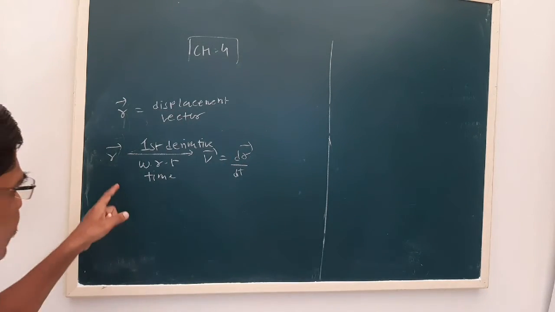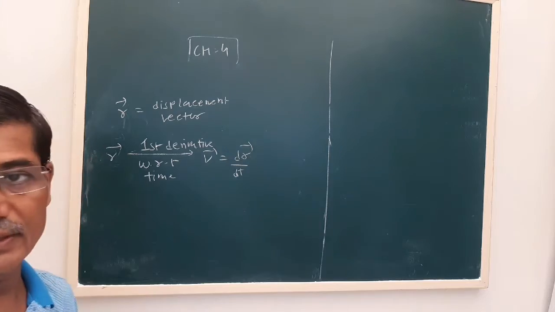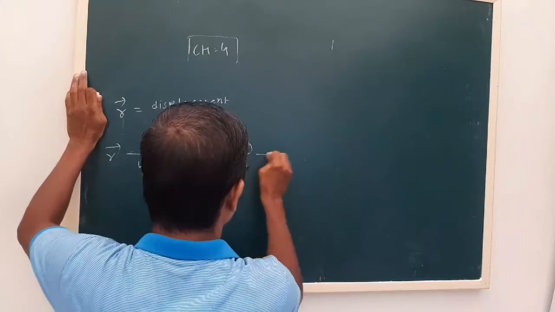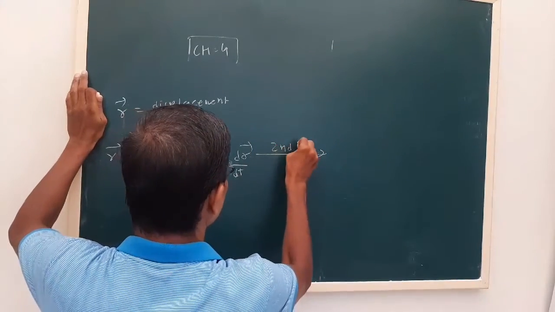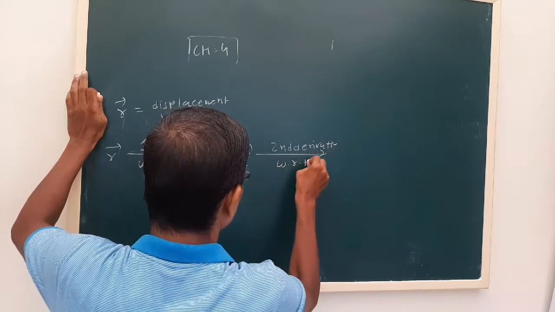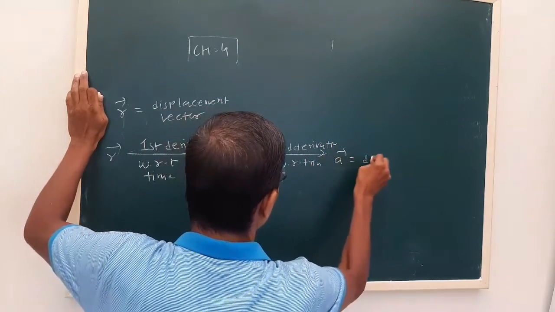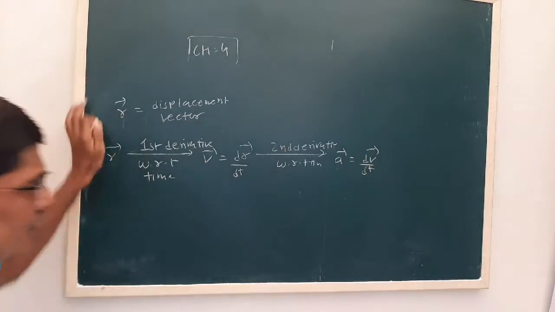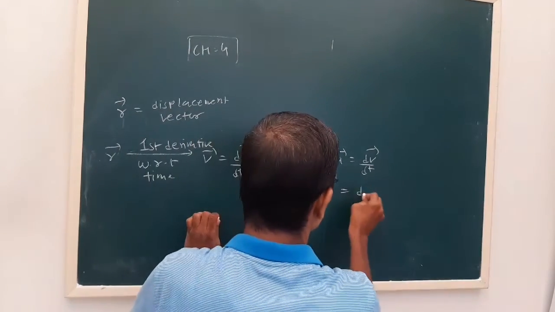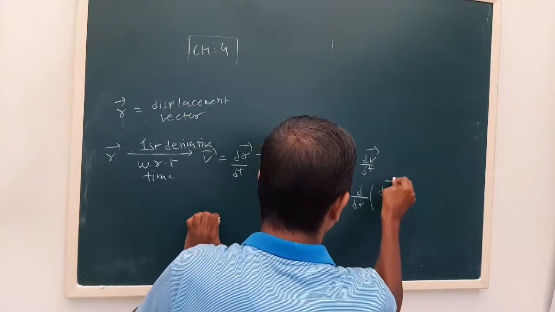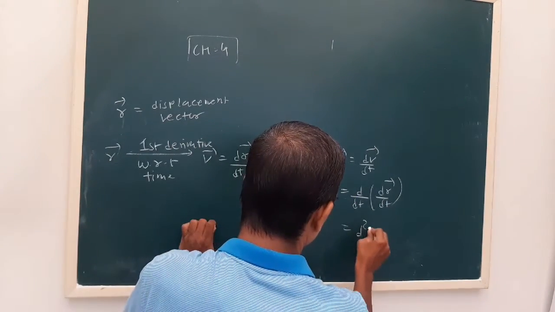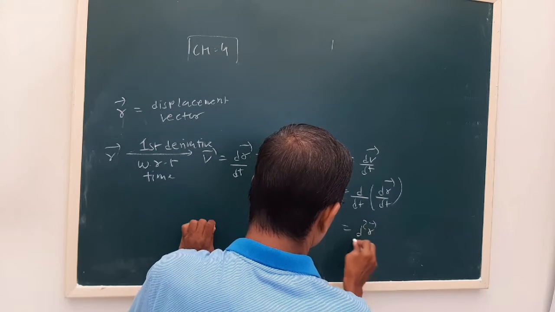So by taking the first derivative of displacement, we get velocity, and we take the second derivative with respect to time, we get a is dv by dt. Now if I substitute the value of v here, we can write in terms of d square r upon dt square.